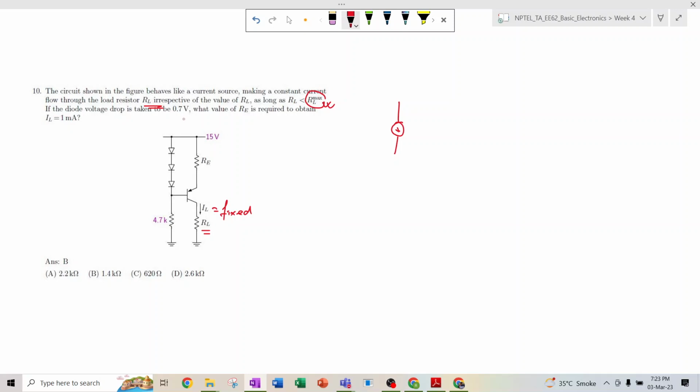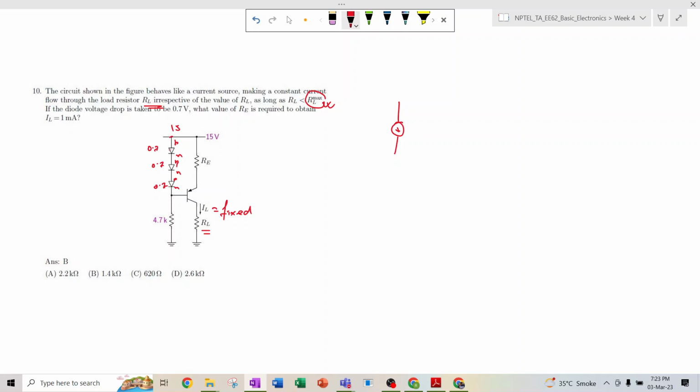So if the diode voltage drop is taken as 0.7 volts, this is P, this is N, this is P, this is N, this is P, this is N. So here it will be 0.7 volt, 0.7 volt, 0.7 volt. What is the value of RE required to obtain IL equal to 1 milliampere? This is 15 volt.